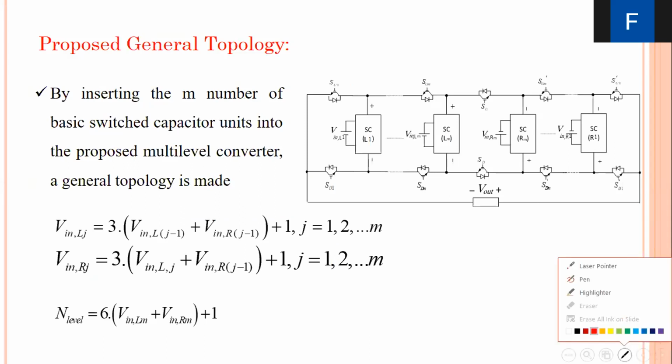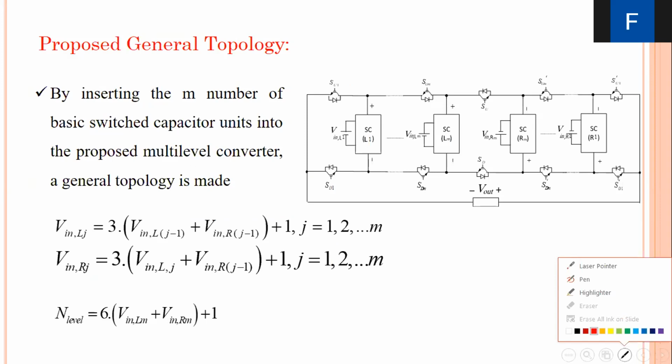And in this slide, we have a proposed general topology in which we insert m switch capacitor units on the left and right sides, and we have a general topology.